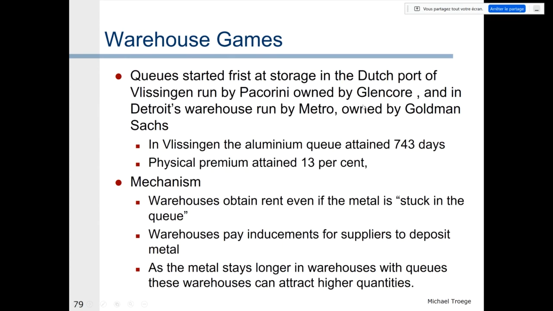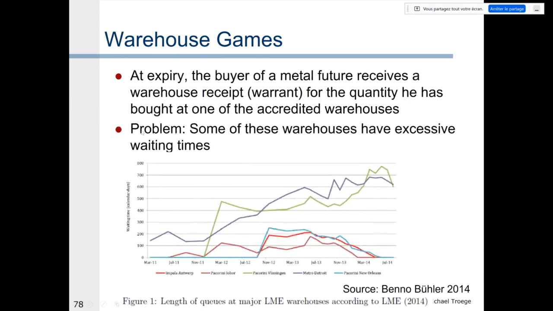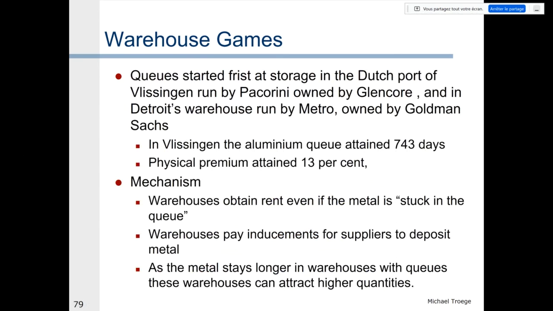Remember Glencore? This was the firm that's originally created by the well-named Mark Rich. Okay. And the Detroit warehouse, the one that has also these very high queues, was owned by Goldman Sachs. Okay, and apparently they purposely delayed the delivery. At least that are the allegations.